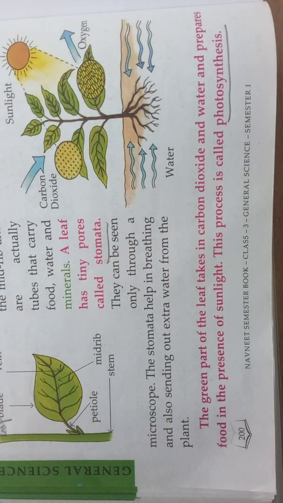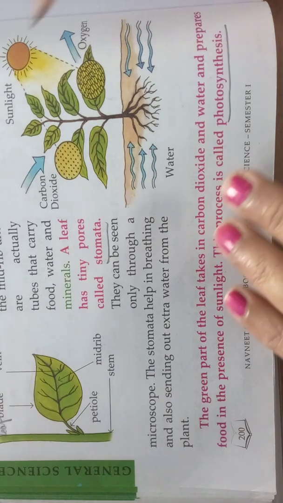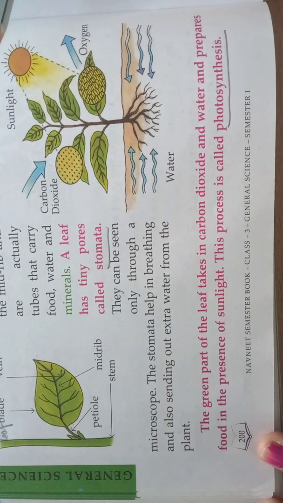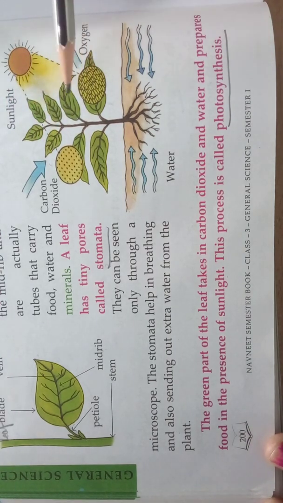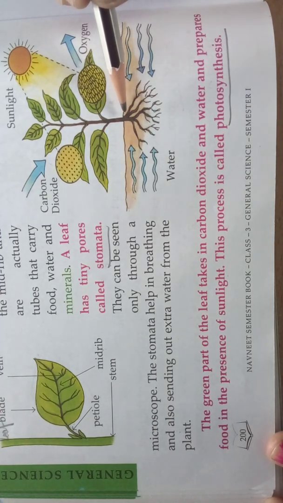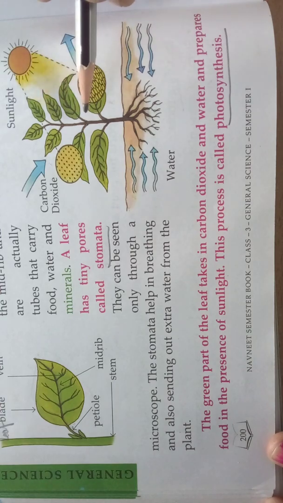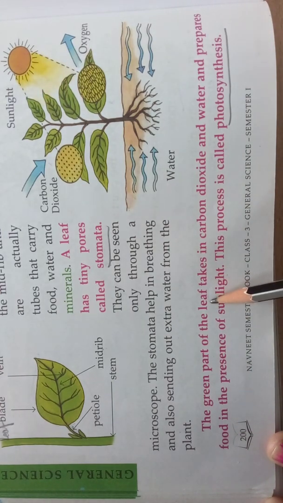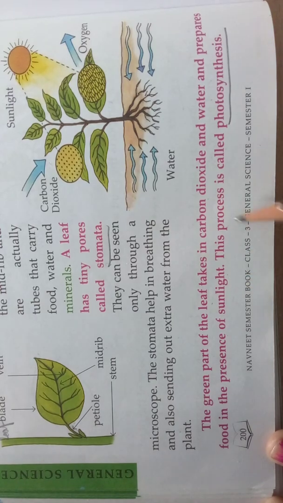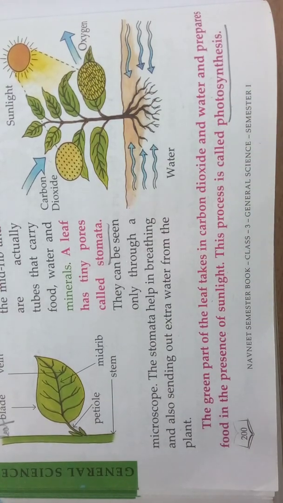As I told before, the leaves prepare the food for the plant with the help of sunlight, carbon dioxide, chlorophyll and water. The green part of the leaf, the chlorophyll, takes in carbon dioxide and water and prepares food in the presence of light. This process is called photosynthesis.